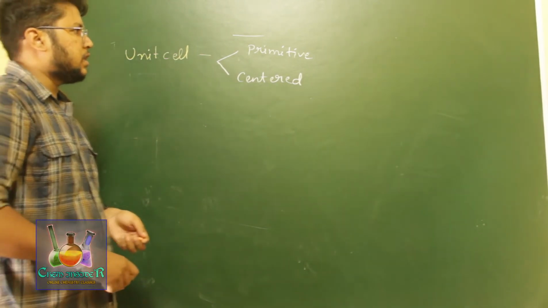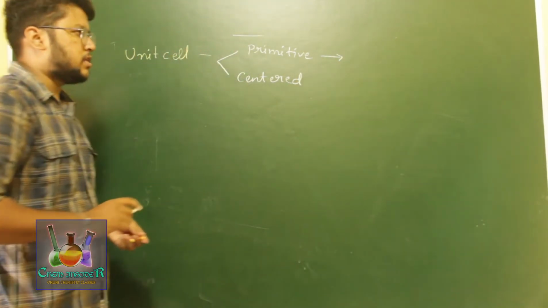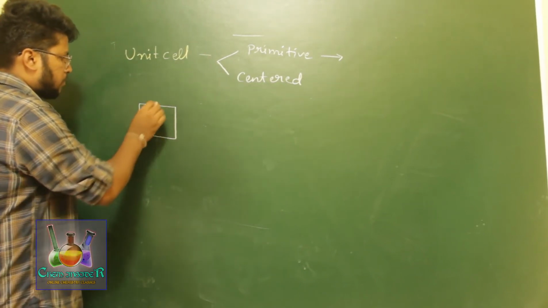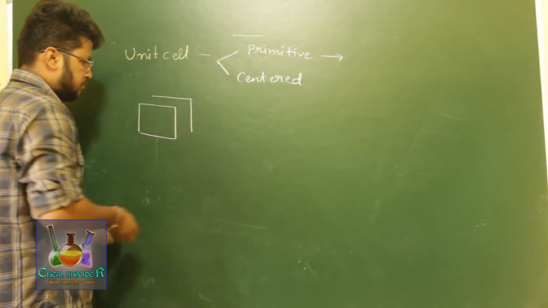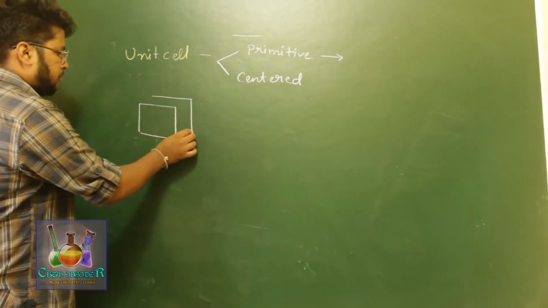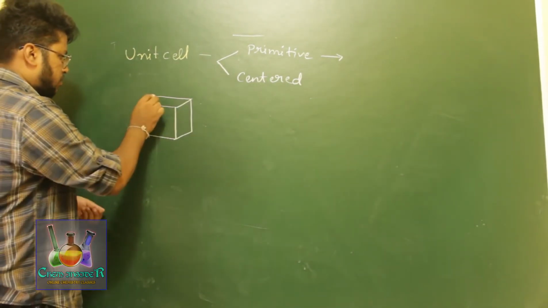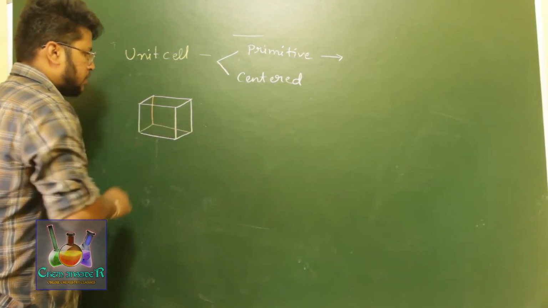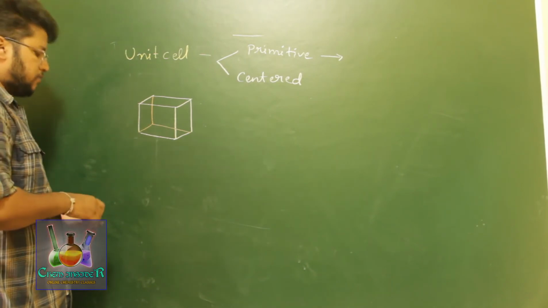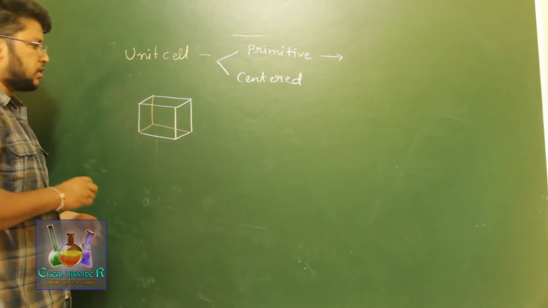A primitive unit cell is one in which we have a simple cube. If you consider a simple cube like this, a three-dimensional simple cube, a primitive unit cell is one in which there are 8 atoms present at the 8 corners of the given unit cell.